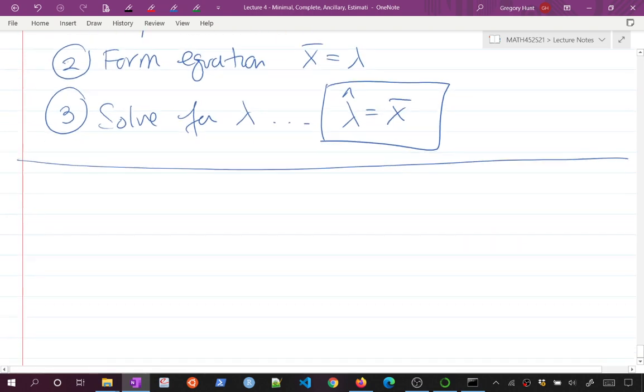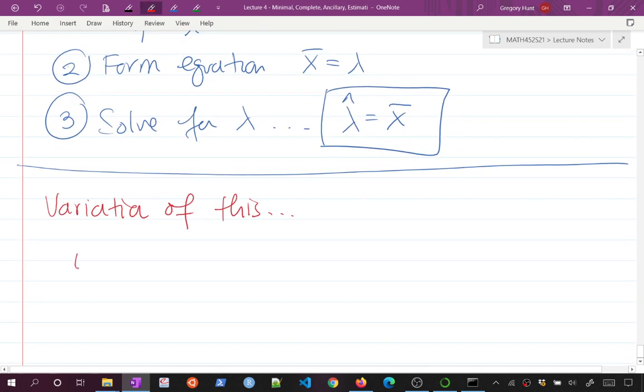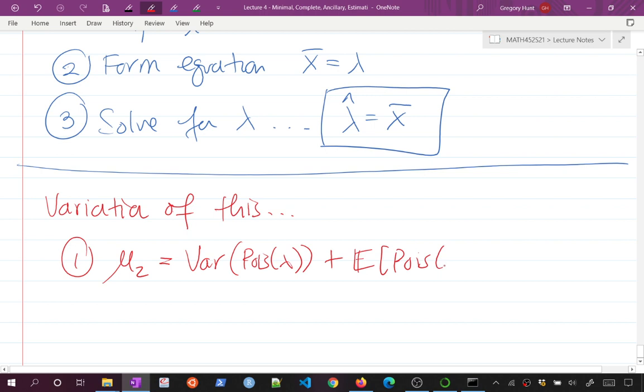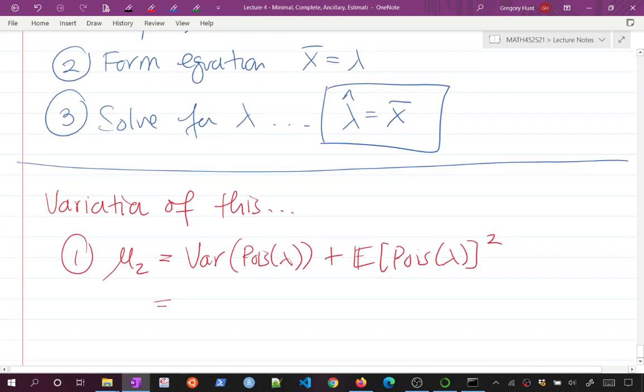We can look at some variation on this. There's no reason that I have to start at the first moment. What if I start at the second moment? The second moment of the Poisson is the variance of my Poisson, here's my horrible notation, plus the expected value of my Poisson, quantity squared. Instead of setting the first moments equal, I could set the second moments equal.